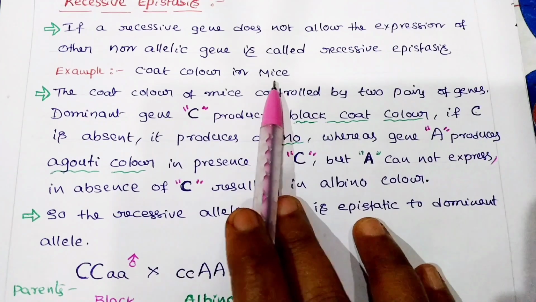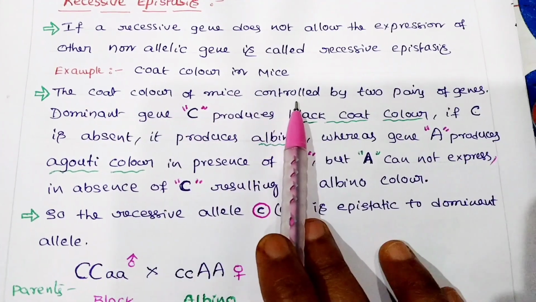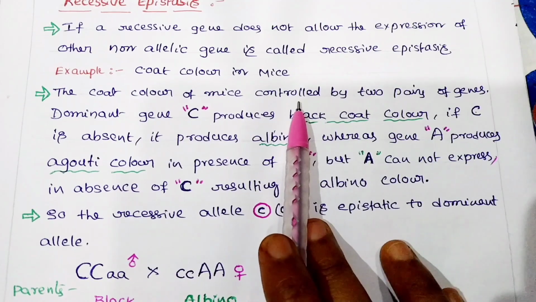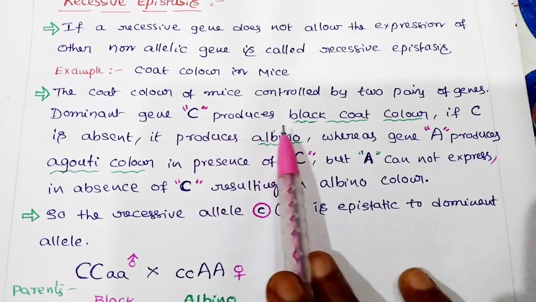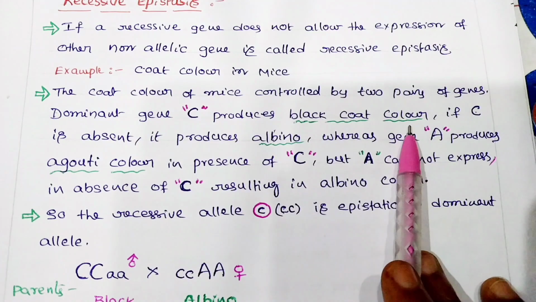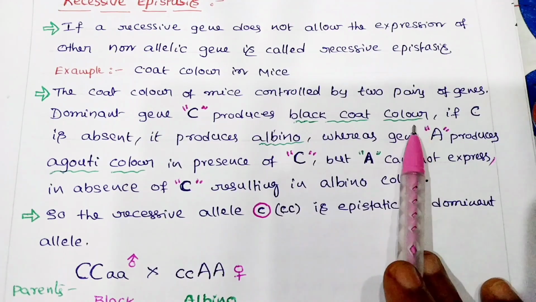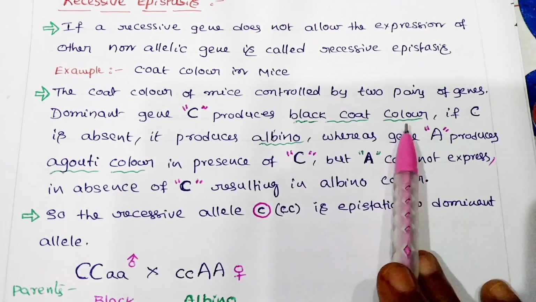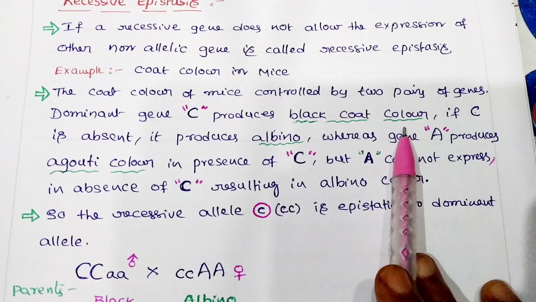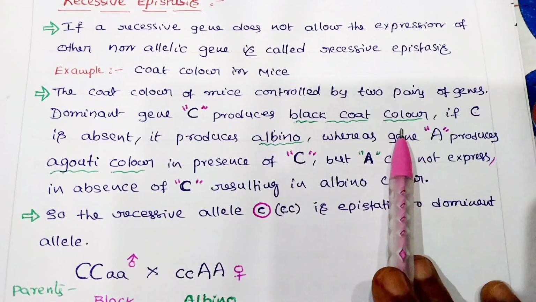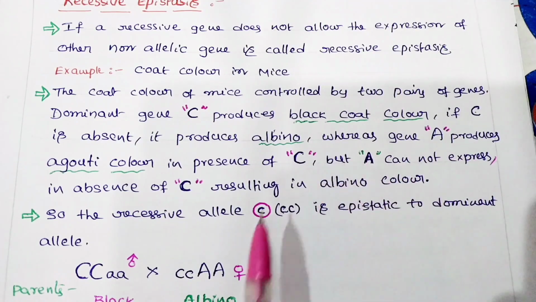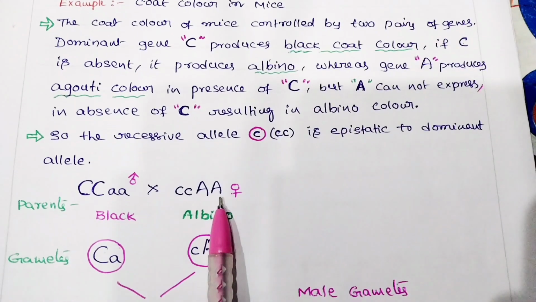The coat color of mice is controlled by two pairs of genes. Here, the dominant gene capital C produces black coat color, whereas when capital C is absent, that means small c is present, it will produce albino color.